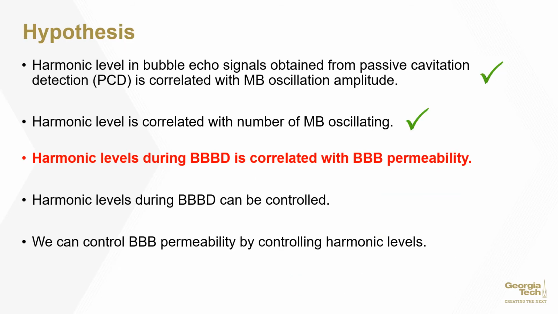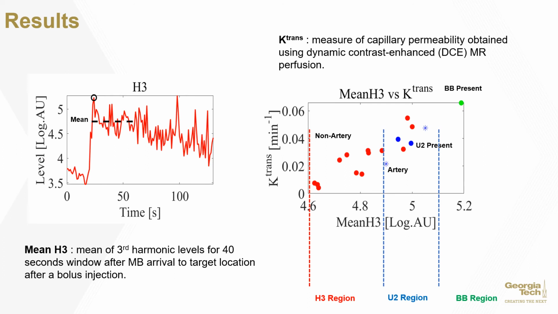Thirdly, we hypothesized that the harmonic levels during BBB disruption are correlated with the BBB permeability. To test this hypothesis, we dedicated 5 mice with varying input focal pressure, where each of the mice was treated at 4 different locations on the brain with the same pressure. Here, to quantify the BBB permeability, we'd like to introduce K-trans, which is a measure of capillary permeability obtained using dynamic contrast enhanced MR perfusion.